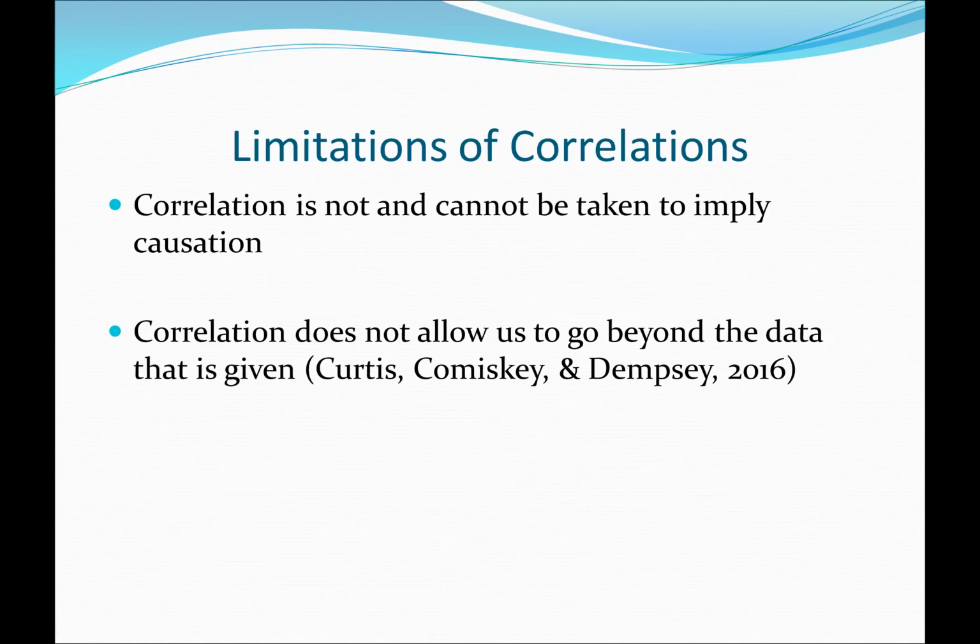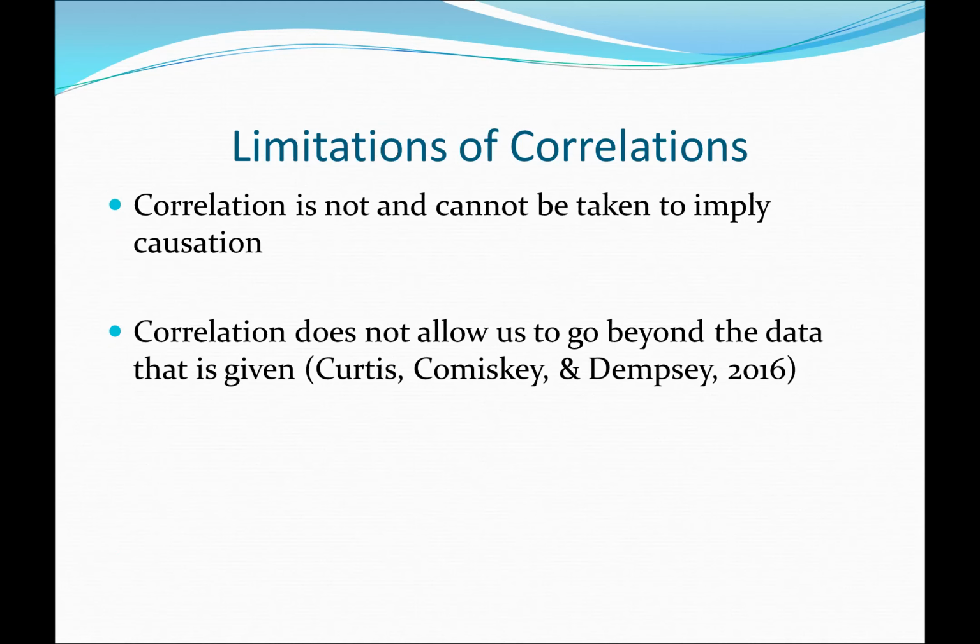So for example, if you find a positive correlation between watching violence on TV and violent behavior in children or adolescents, it could be that both of these are due to a third extraneous variable, like growing up in a violent home or abuse or something else going on. So we can't be 100% sure that the violence on TV is actually causing the violent behavior.